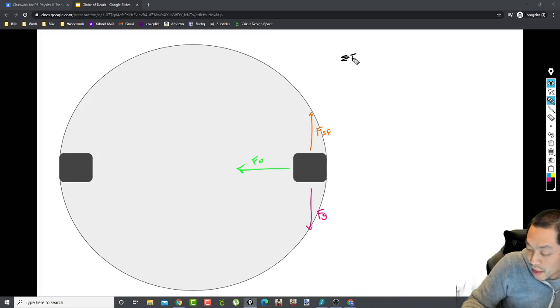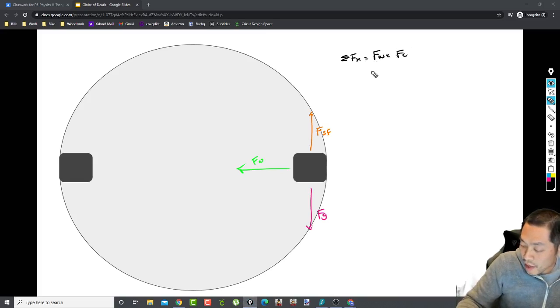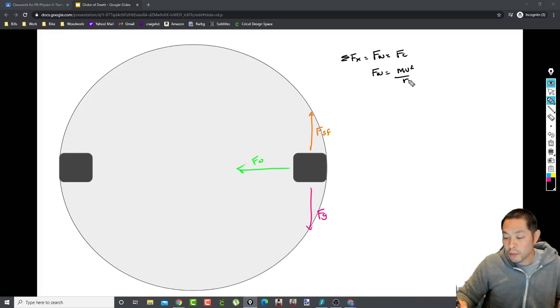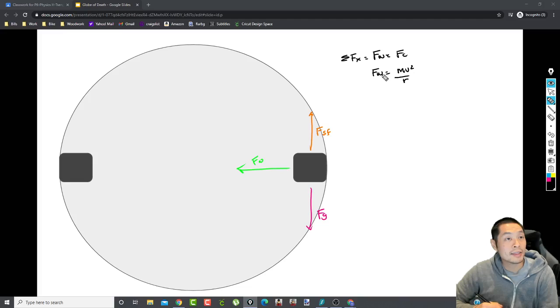Sum of all forces in the x direction is just still Fn, which will equal Fc. Now here, Fn is equal to something. Fc is mv squared over r. So, same as before, but here is the condition.